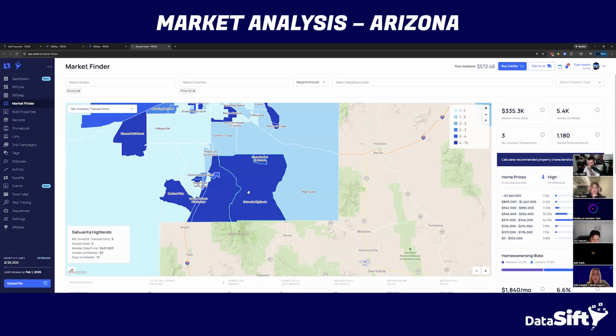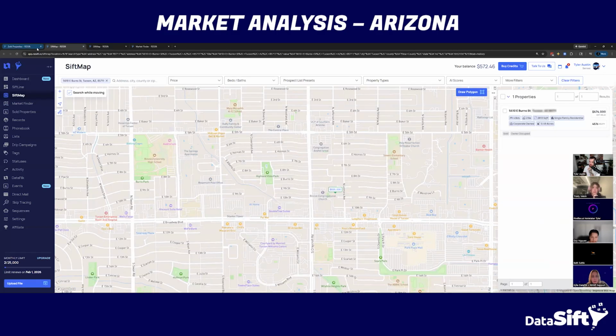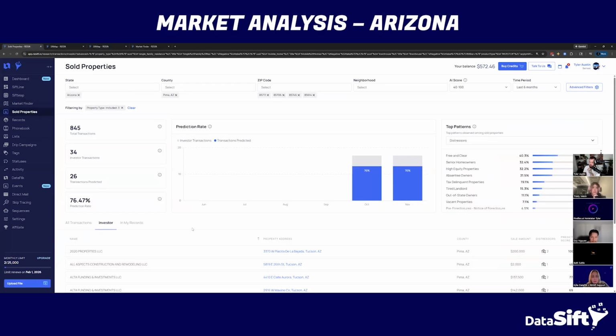Maybe that's a big snowbird retirement community down there, Green Valley, and we've done a few deals down there. So maybe when we update the data set to show investor transactions, the other 14 that we weren't looking at, we might see an uptick. It just might not be that those are predominantly flippers down there or buy and hold investors. It might just be something else.